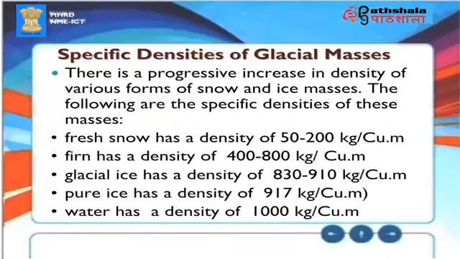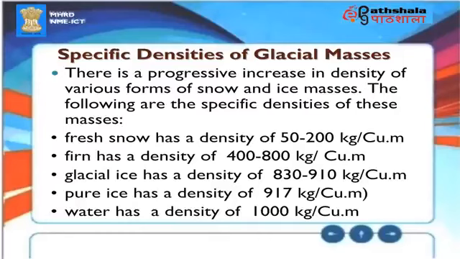Specific densities of glacial masses. There is a progressive increase in density of various forms of snow and ice masses. The following are the specific densities of these masses. Fresh snow has a density of 50 to 200 kg per meter cubed.